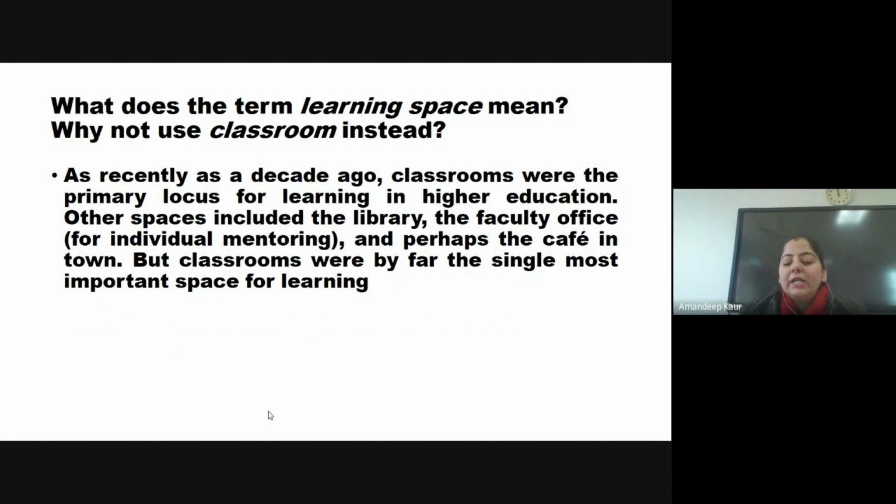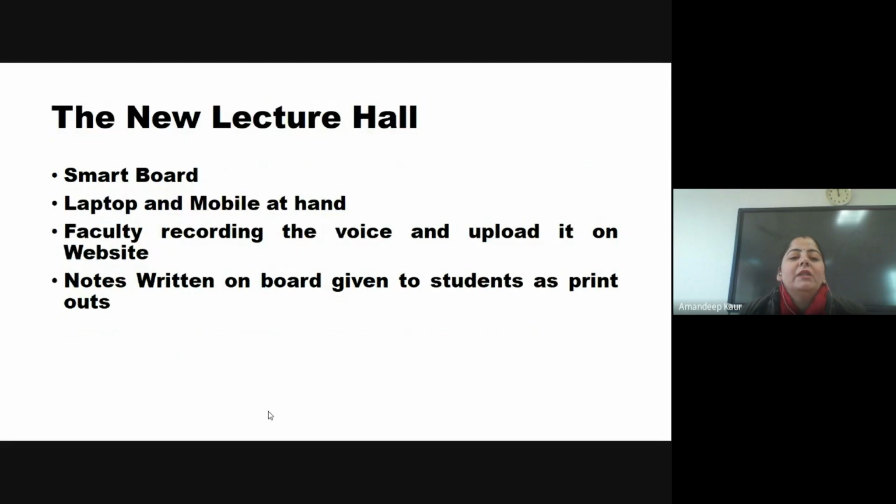So earlier, when we said learning space, the term physical classroom came to our mind. But nowadays, when we say learning space, it may be that physical classroom only, but the classroom may have different new dimensions. So the new lecture hall at an institute may have smart board facilities available, students with laptops and mobiles at hand, and even faculty members carrying their mobile phones in a classroom environment.